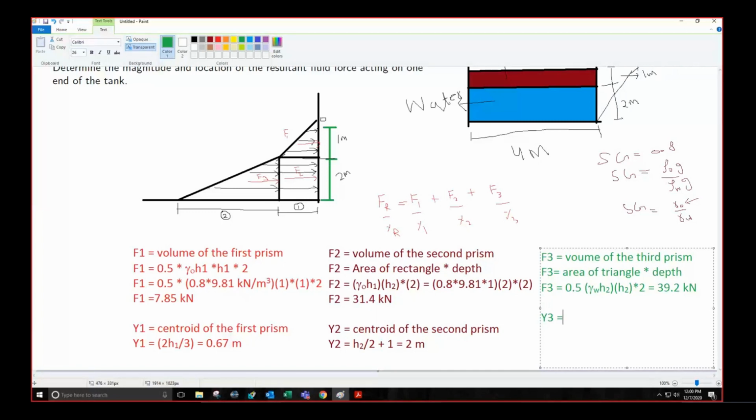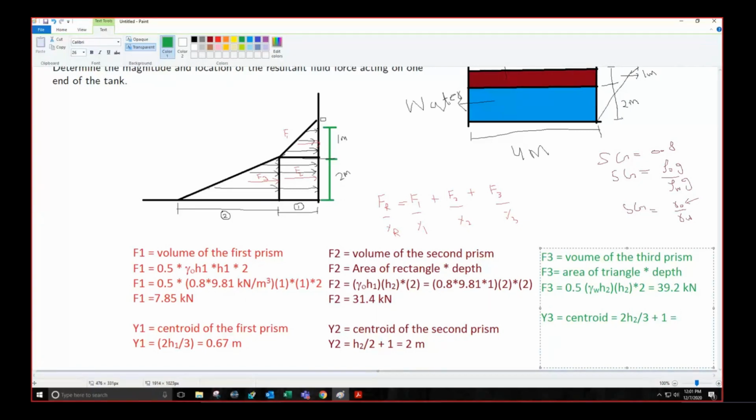Y3 is equal to the centroid of this prism, which is equals to 2h by 3 from the top. So 2h2 divided by 3. And again, because we are measuring from the top, but this is just of the triangle, so we need to add the dimension 1 so that it is the right reference.